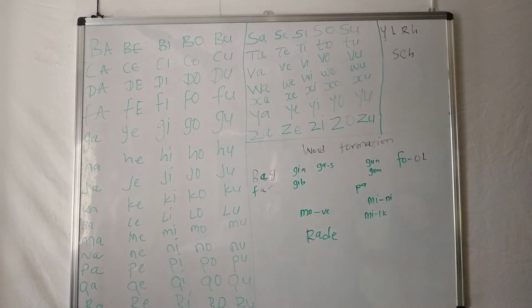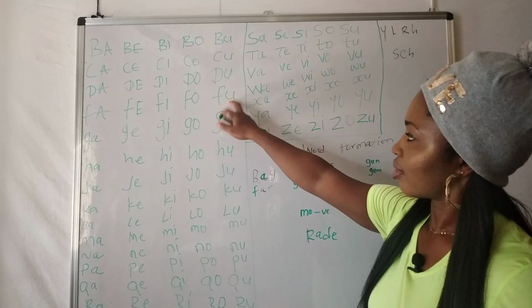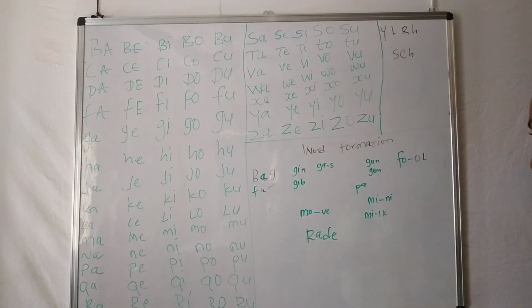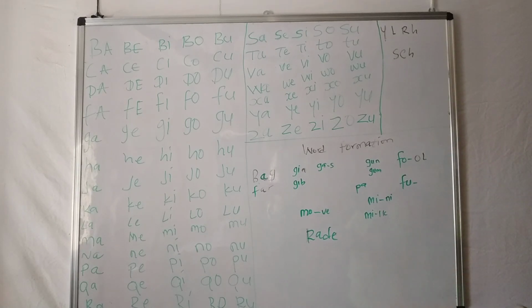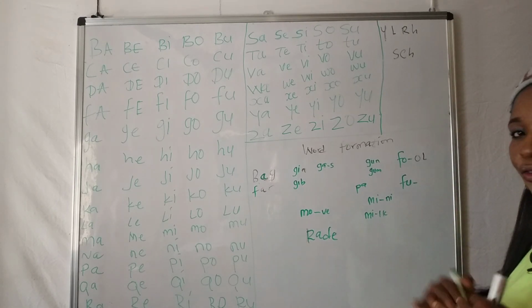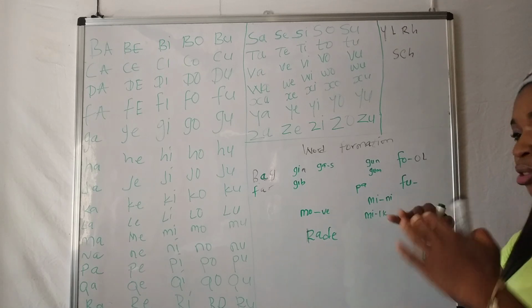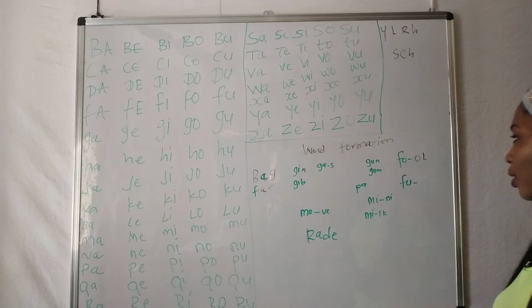Okay, and again, let's work with something else. This is FU, which is full sound. Full, the full sound. Okay, if I choose to add double L here, it is what? Full, like something being full to the brim, like full content.